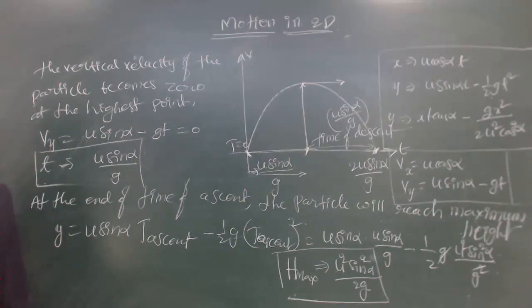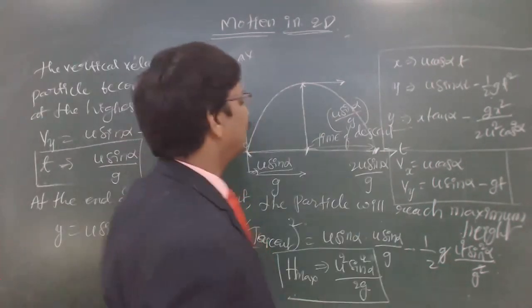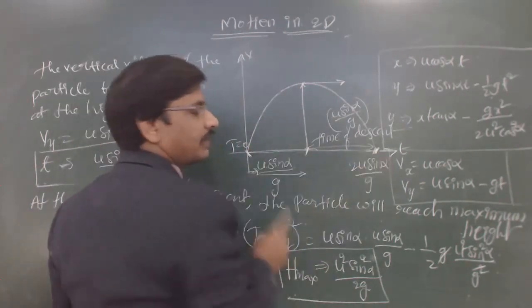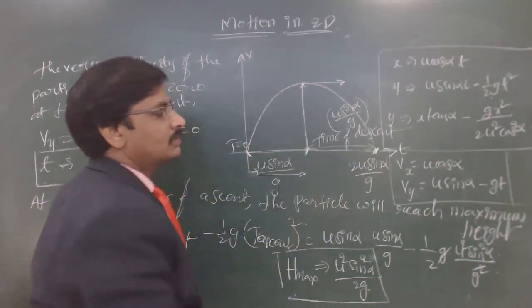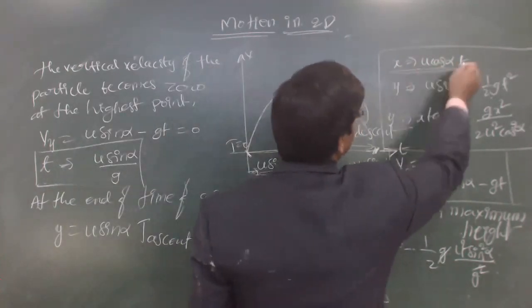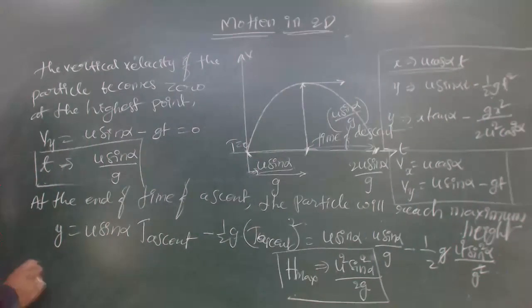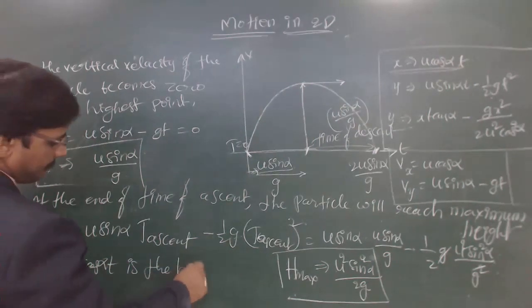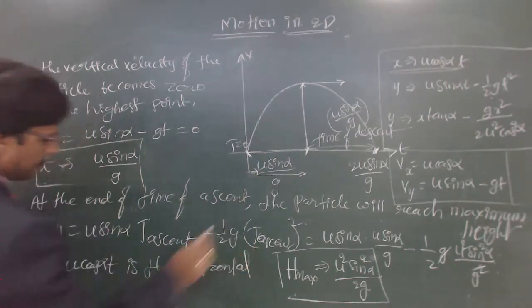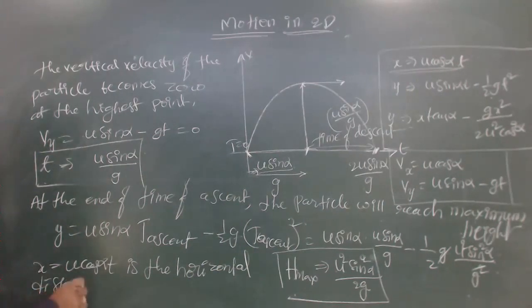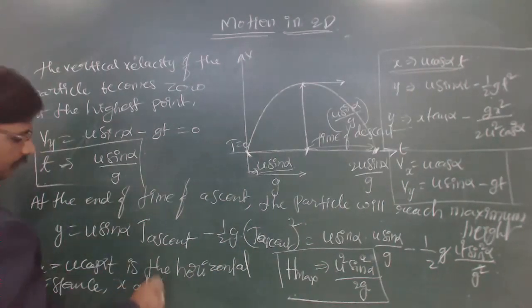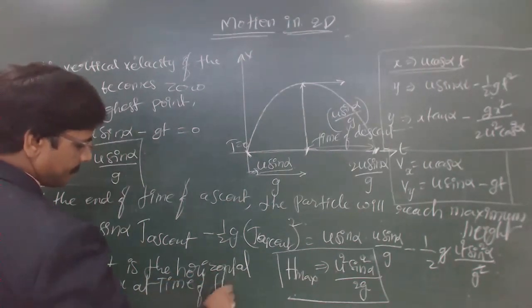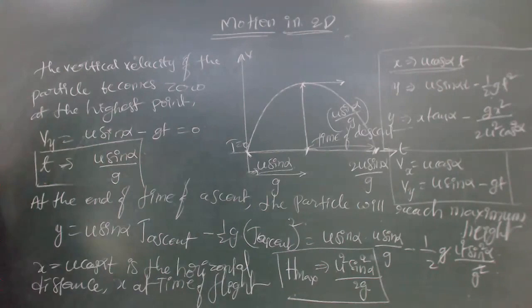Got it? And similarly, the maximum range can be calculated, the horizontal distance for the total time of flight. So horizontal distance is given by this equation: x is equal to u cos alpha into t is the horizontal distance. So x at the time of flight is the range. Got it?